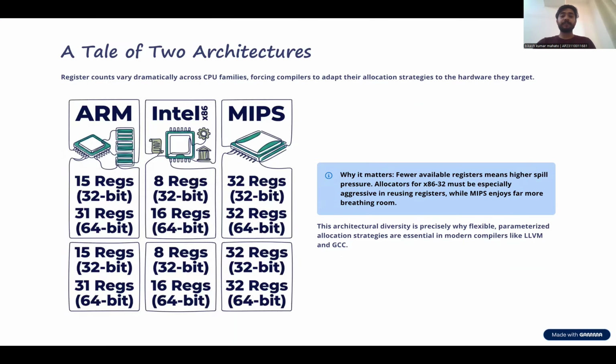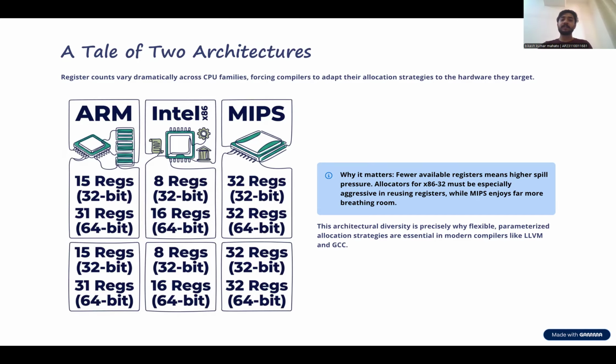And then next is different CPU architectures. Different processors have different numbers of registers. For example, x86 processors traditionally have few general purpose registers, while architectures like MIPS or ARM may provide more registers. When registers are few, the compiler faces higher pressure. It must allocate registers carefully and avoid unnecessary spilling.